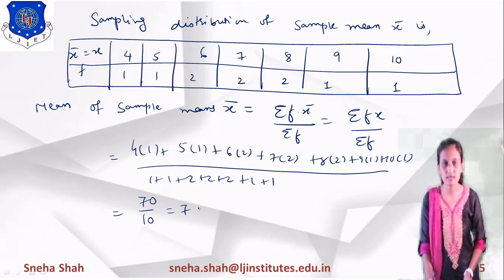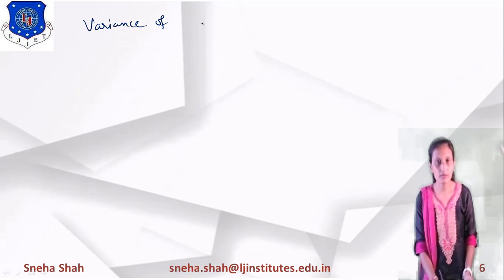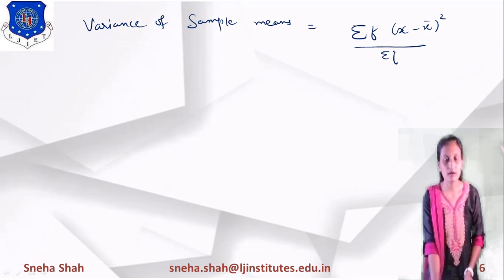Now we have to find out the variance of sample means. So what is the value of variance of sample means? Its value equals summation f into x minus x bar whole square upon summation f, right? Now if I am finding the value of x minus x bar and then taking the square of it, what will be the value?